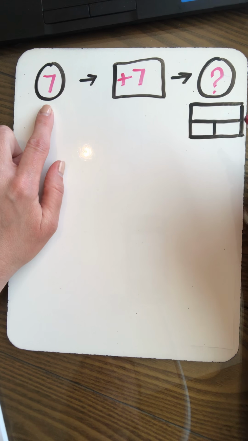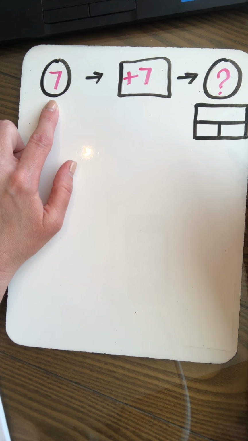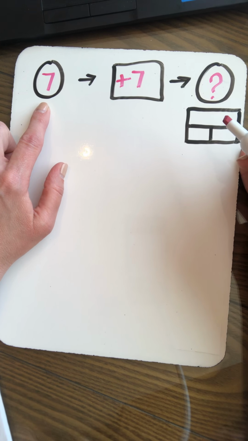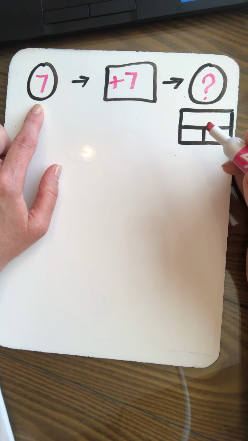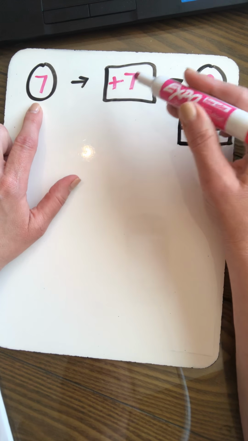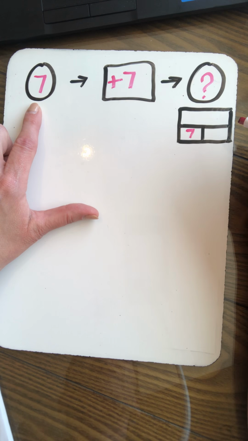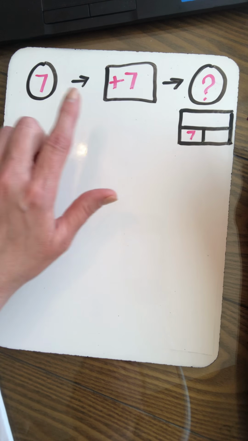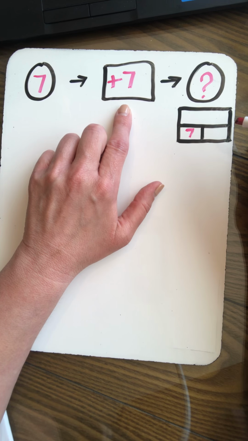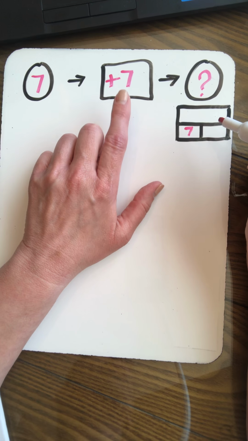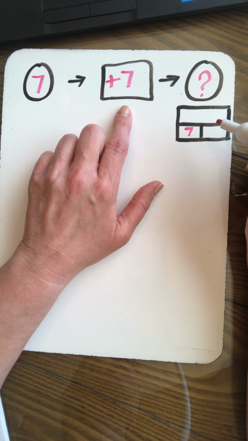Now the question is, the 7 carrots that Maxwell had at the beginning of the story, was that all the carrots or a part of the carrots? Well, since his sister gave him some more, we know that that was only part of the carrots. So we're going to put that in the first part box. The carrots that Maxwell's sister gave him, were those all of the carrots or part of the carrots?